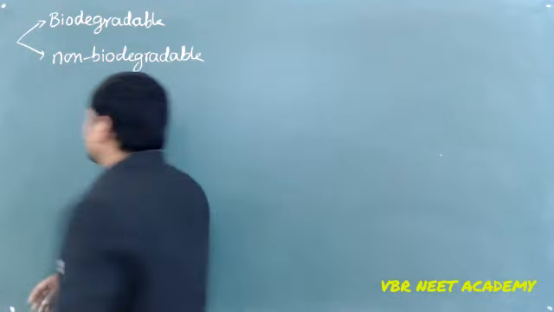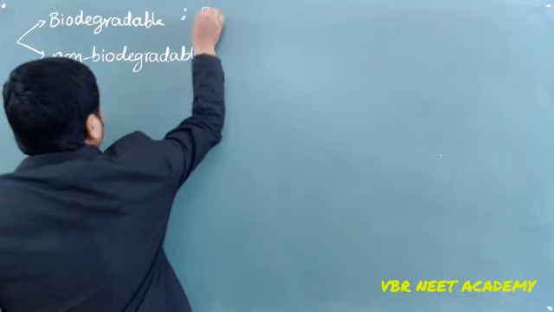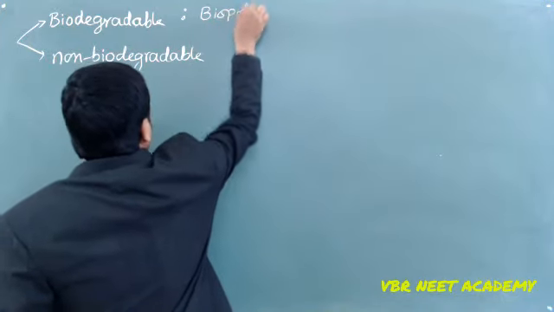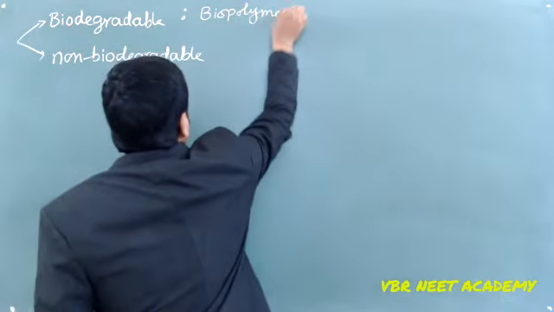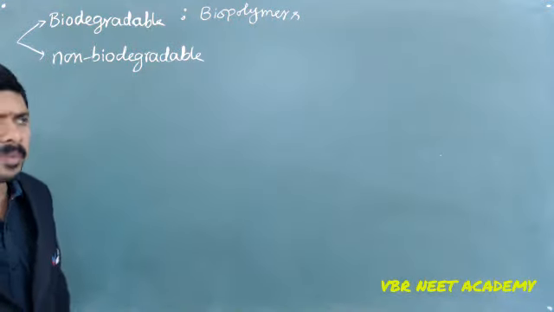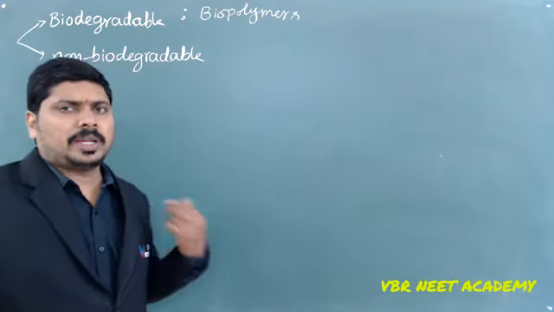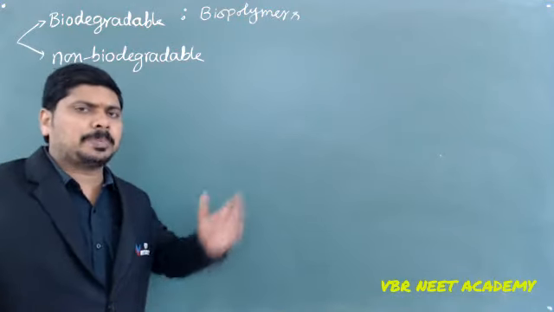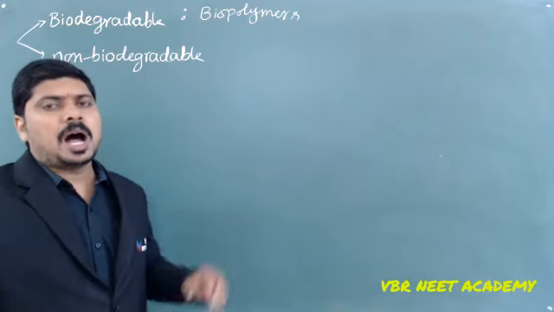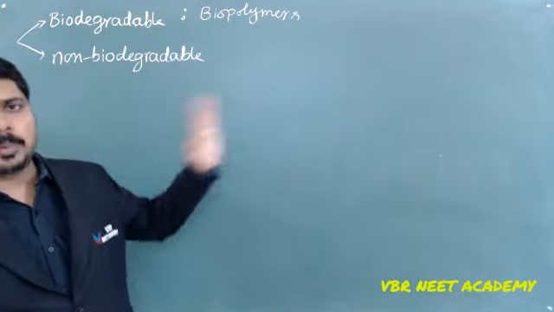What examples do they have? All biopolymers come under biodegradable. What are the biopolymers? Starch, cellulose, protein, nucleic acid. Whatever polymers are present in living organisms, all of them come under biodegradable polymers.